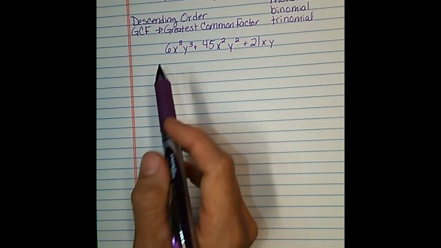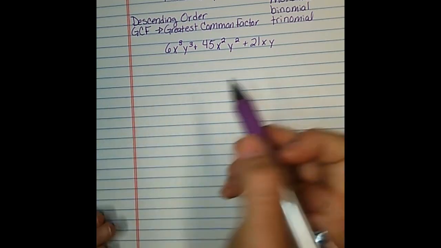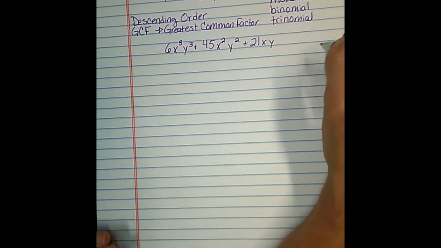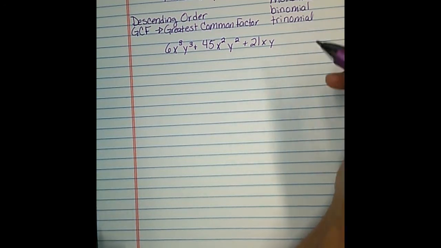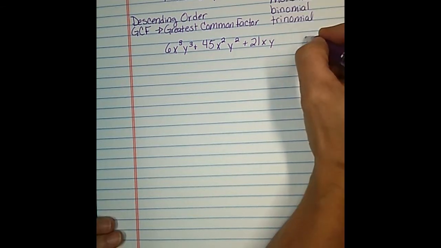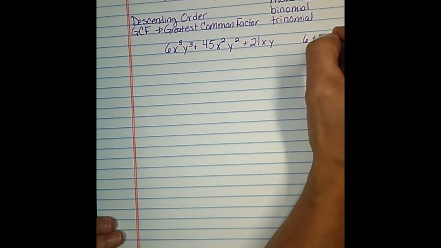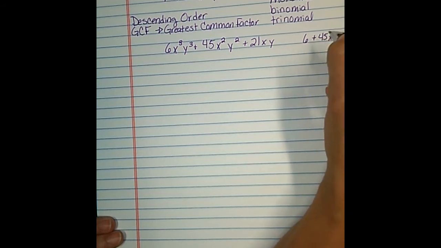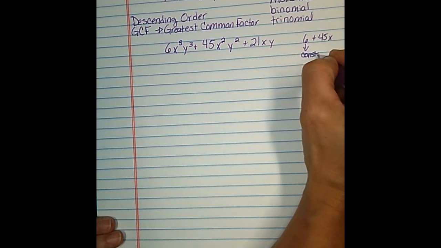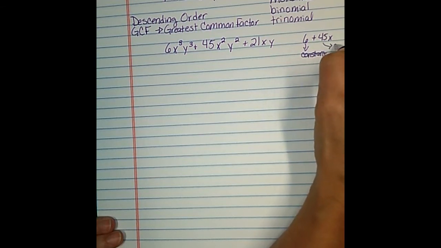Okay, so I apologize. Let me back up just for a second. Whenever I have a term that has an x, y, z, an alphabet with it, that's called a variable term. Anytime I just have a number, so say for example this is what I had, this would be called the constant term. And then again, this is the variable term.